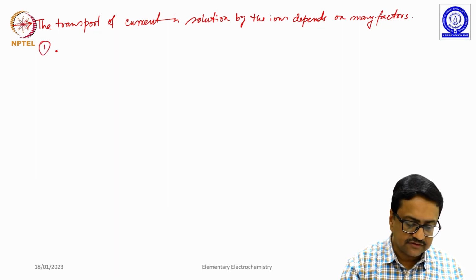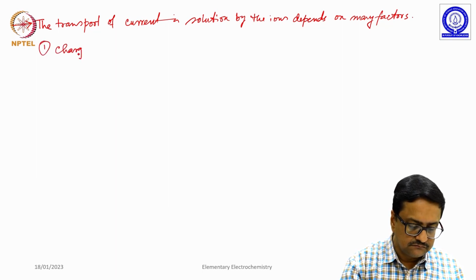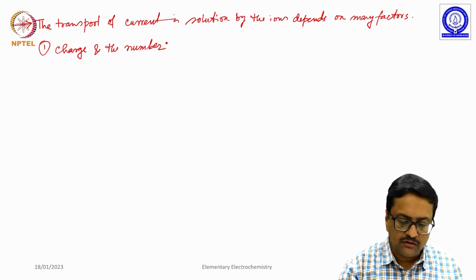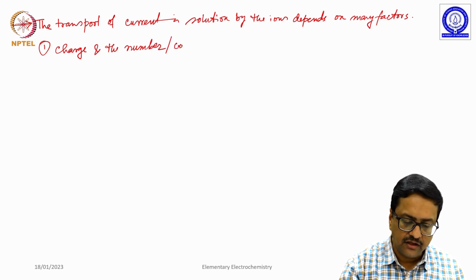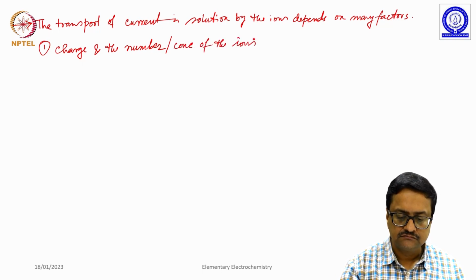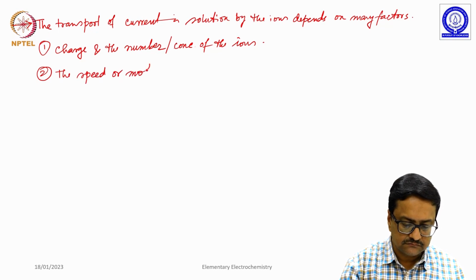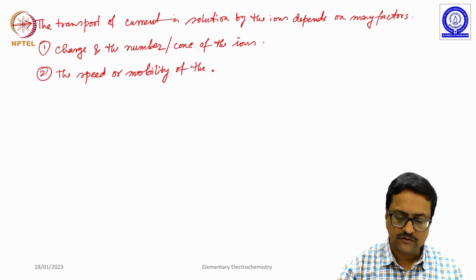The first factor is the charge and the number, or I should say the concentration, of the ions, and number 2, the speed or mobility of the ions in solution.